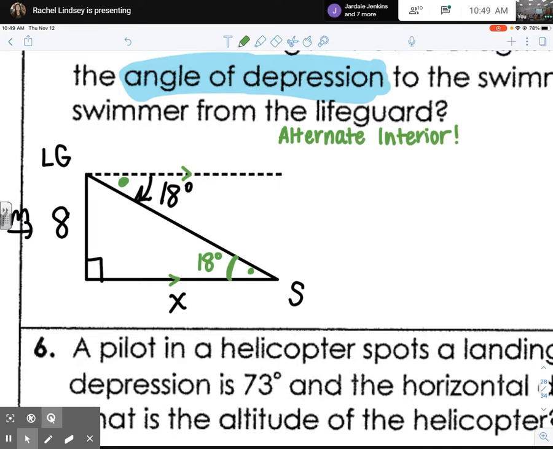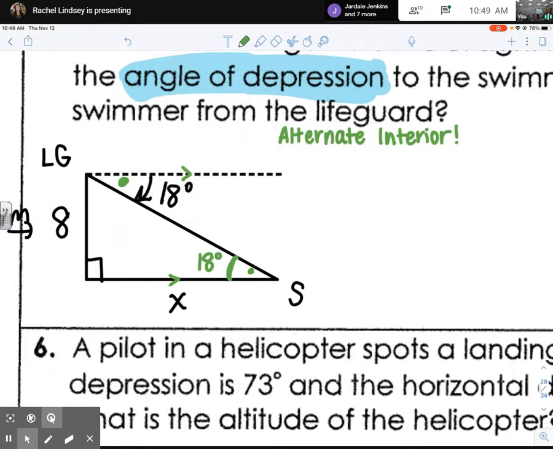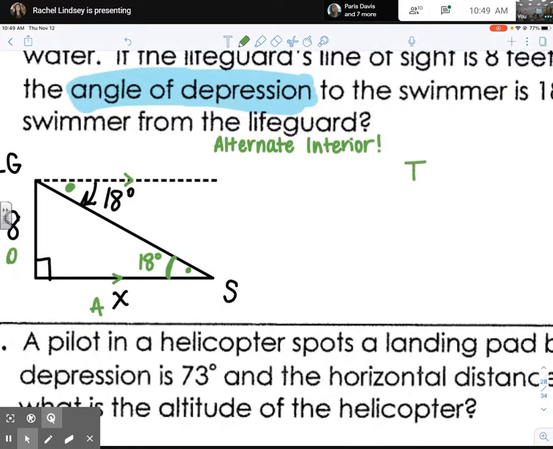So now, since we know that angle, what would 8 be to angle 18 inside the triangle? Opposite, adjacent, or hypotenuse? Opposite. And then x would be adjacent. Since I have O and A, I'm going to use tangent.